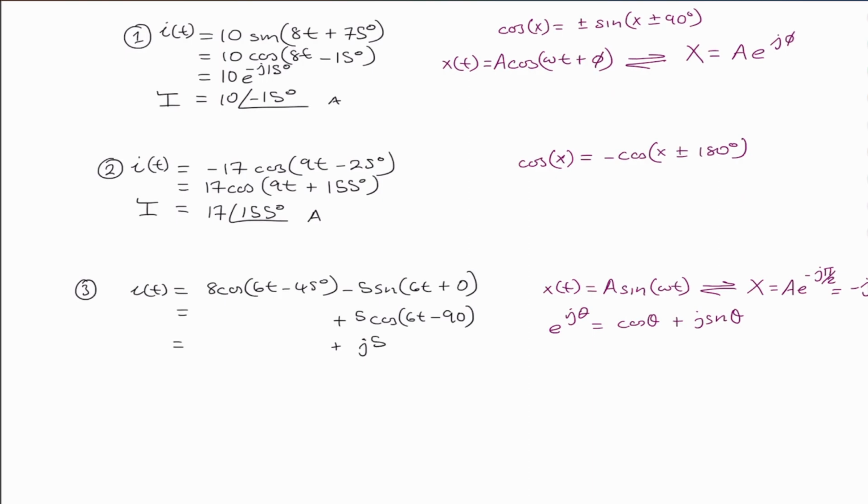So now we can deal with this part of our expression, and we can use Euler's identity to deal with that. And basically what we can say is that we're going to end up with 8 times cosine of minus 45. Then we know we're going to have an imaginary portion, and that imaginary portion is going to be negative because our angle is negative.